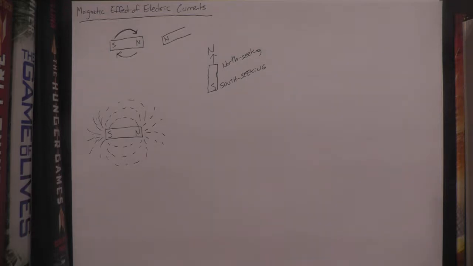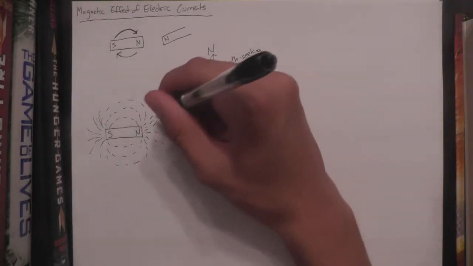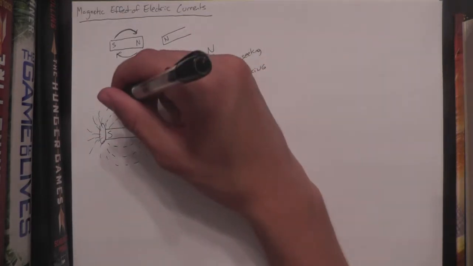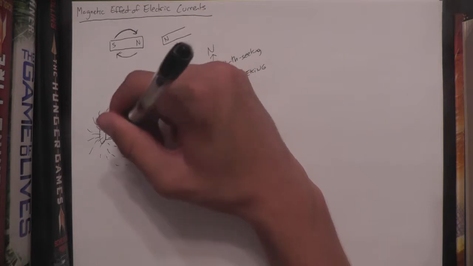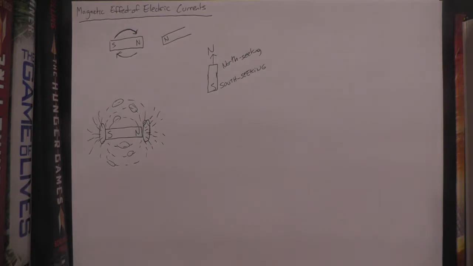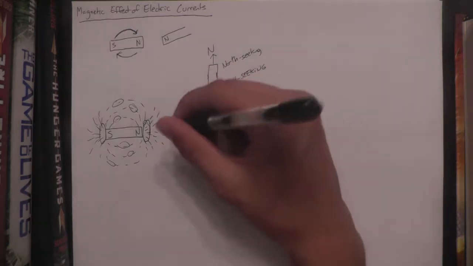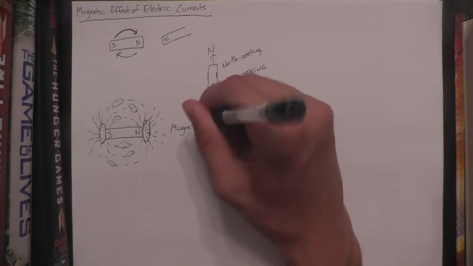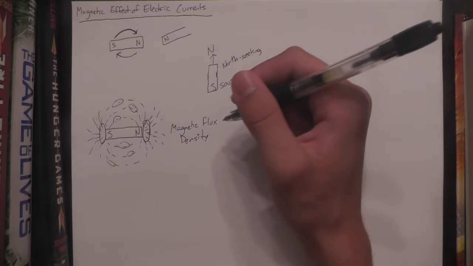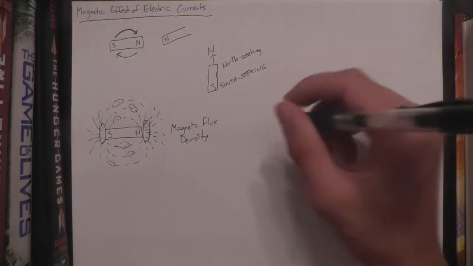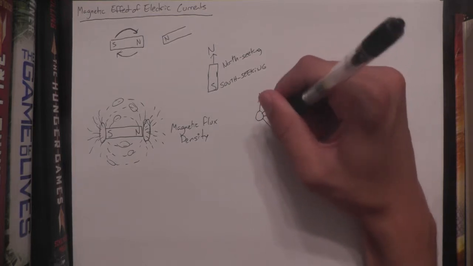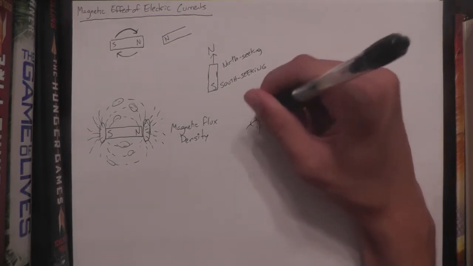And as we can see by these lines, the magnetic field is particularly stronger. There are more little dashes around the poles, around the ends, and they're less dense. There are less of them throughout the sides. So the density of these magnetic field lines shows the strength, and that is called magnetic flux density, which is kind of like electric field strength, but not quite, because when you think about electric field strength, it's a uniform strength all around, right?